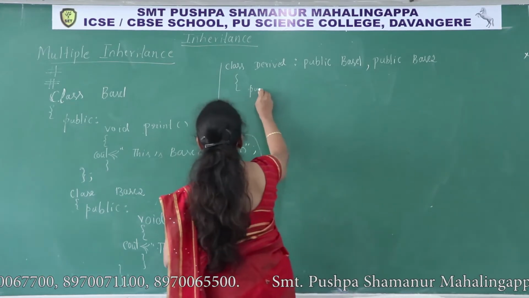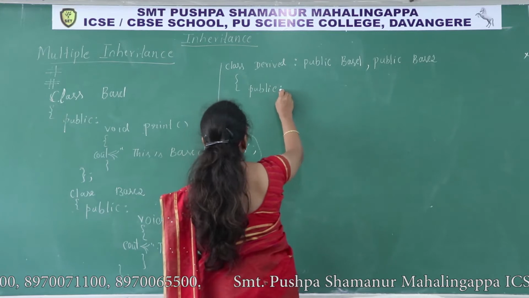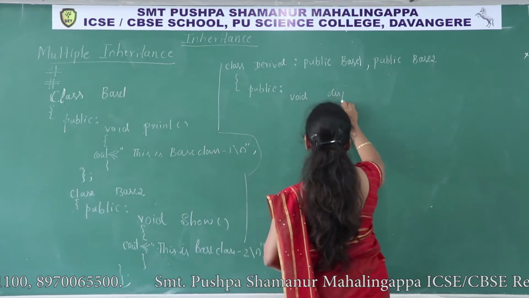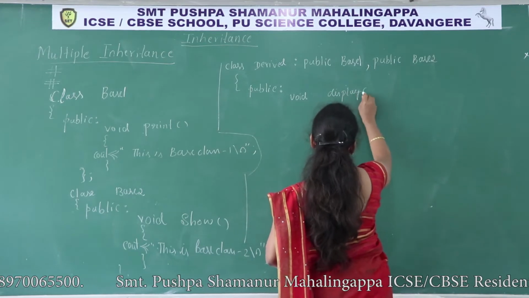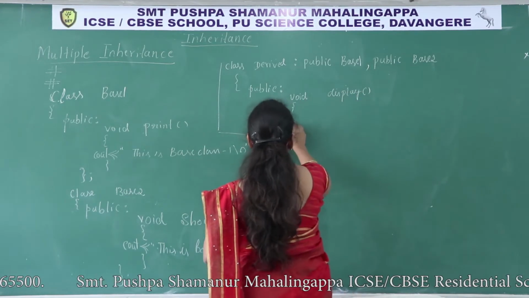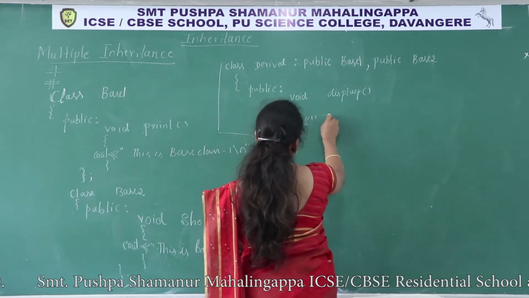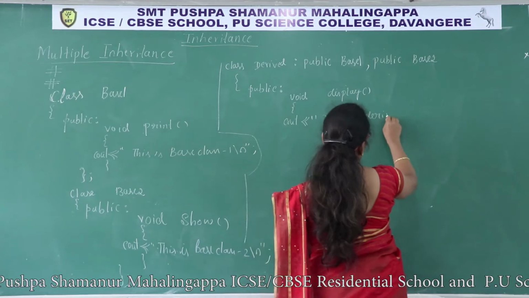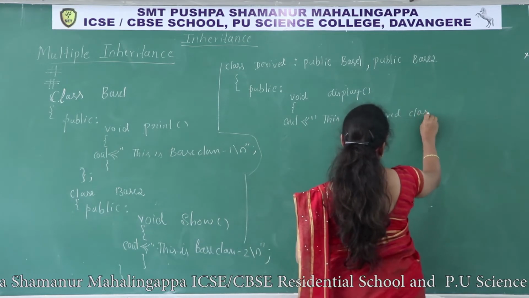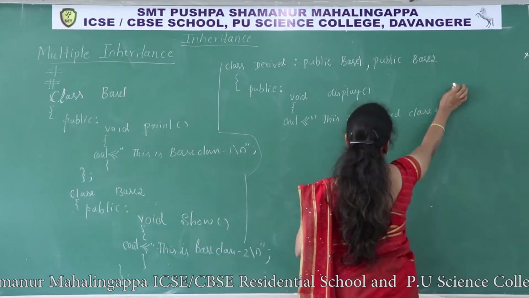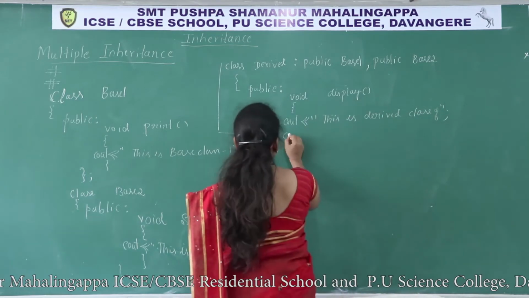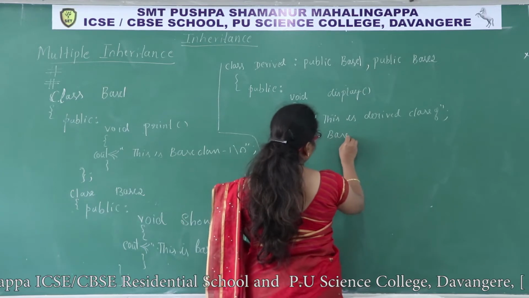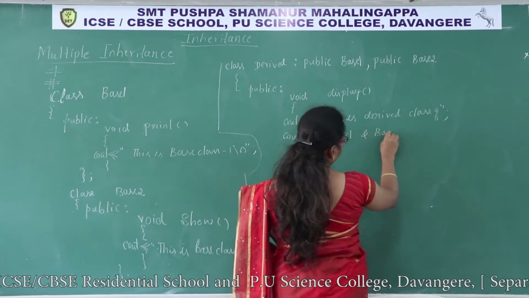In the public section, void display, cout "this is derived class of base 1 and base 2".